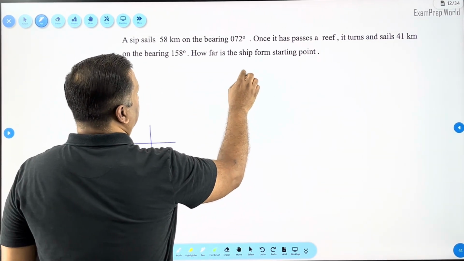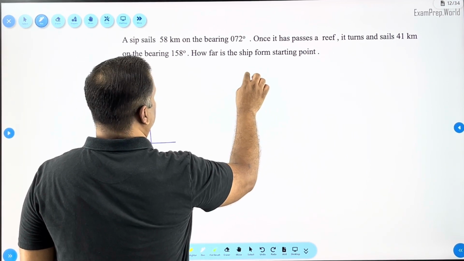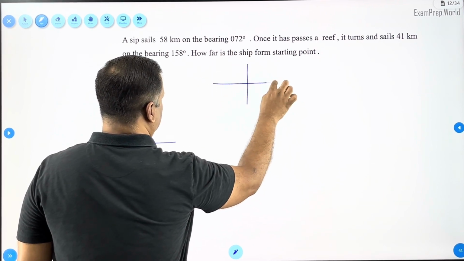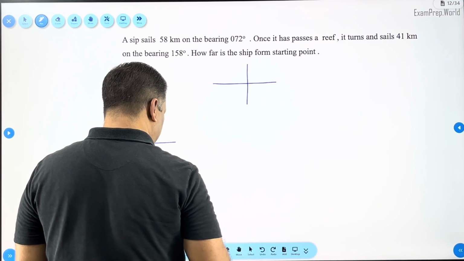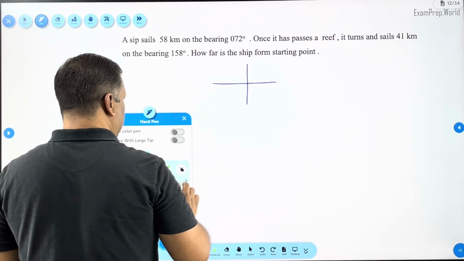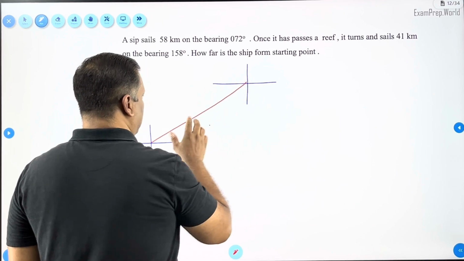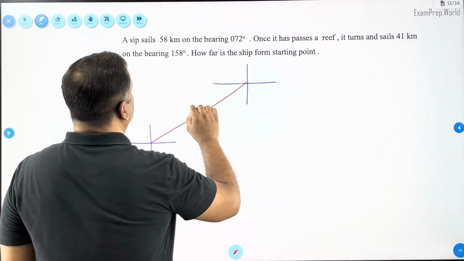He is going to a point; how much does he travel? 58 kilometers. At a bearing of how much? So drawing itself is the most important thing here. This is his first set of motion. How much distance is it? 58.